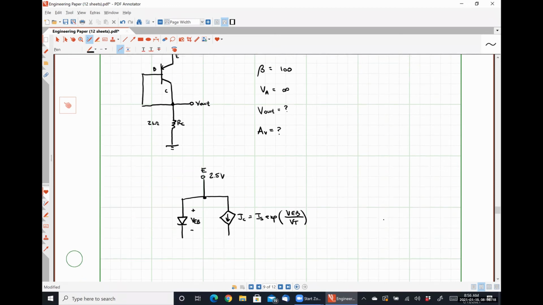All right, so between my collector and ground, there is a 2 kilo ohm resistor.